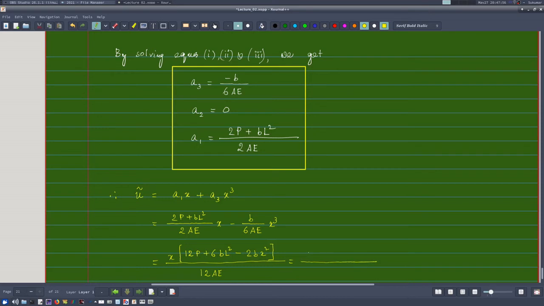So I will get 6P plus BL square minus B x square into x by 6AE.